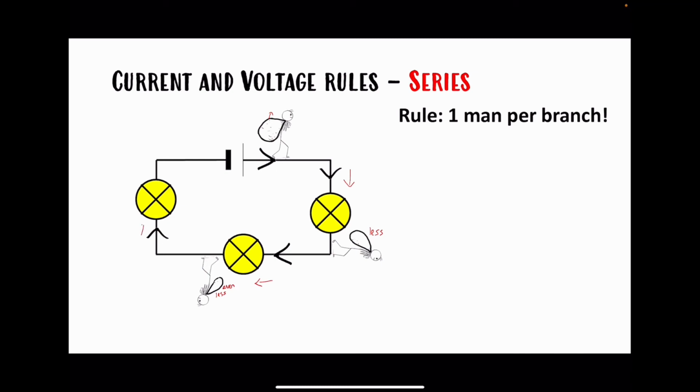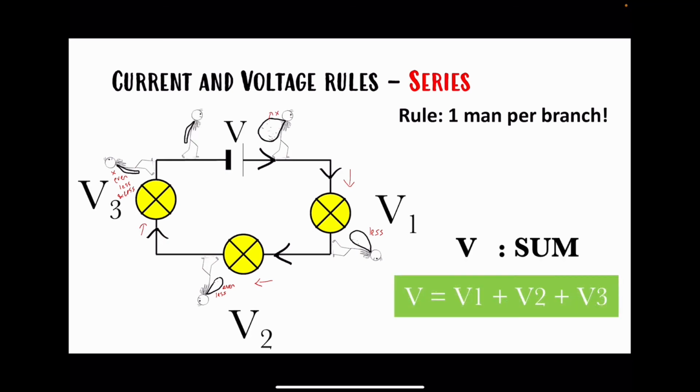And then he'll cross through the third bulb and will have even less and less. And this is how he will return back to the battery with an empty bag, leaving the battery with a full bag. So how can I get the voltage in a series? The voltage in a series is the sum of all the voltages in the components.